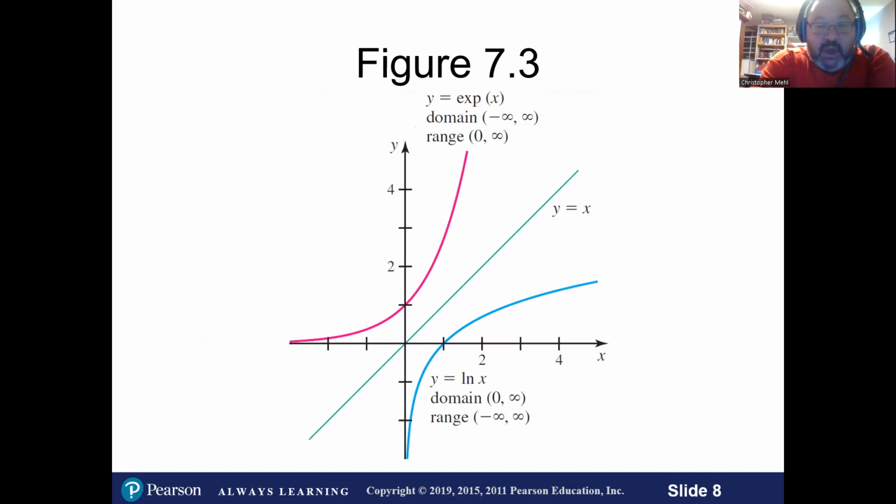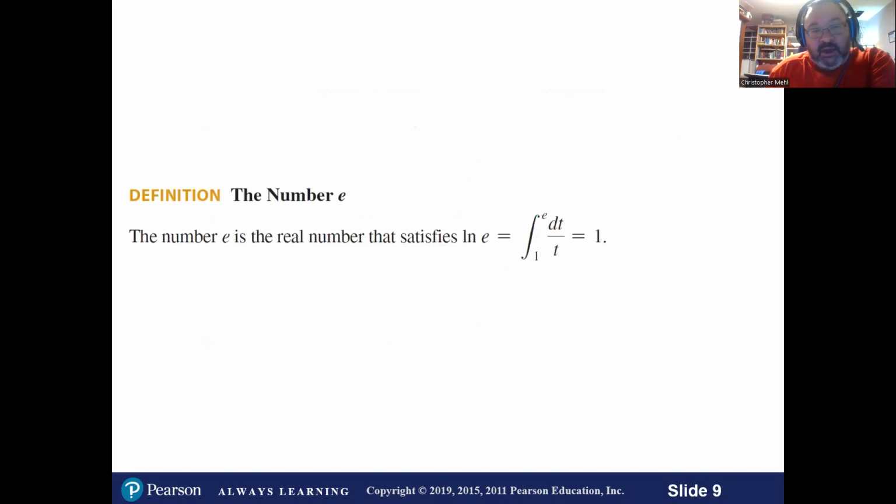So using our symmetry about the line y equals x rule, we can look at the natural log and then see what its inverse function, the exponential, looks like. Okay, so that's the red curve there, y equals e to the x, or the exponential of x. So again, one that we've already seen and kind of played with.